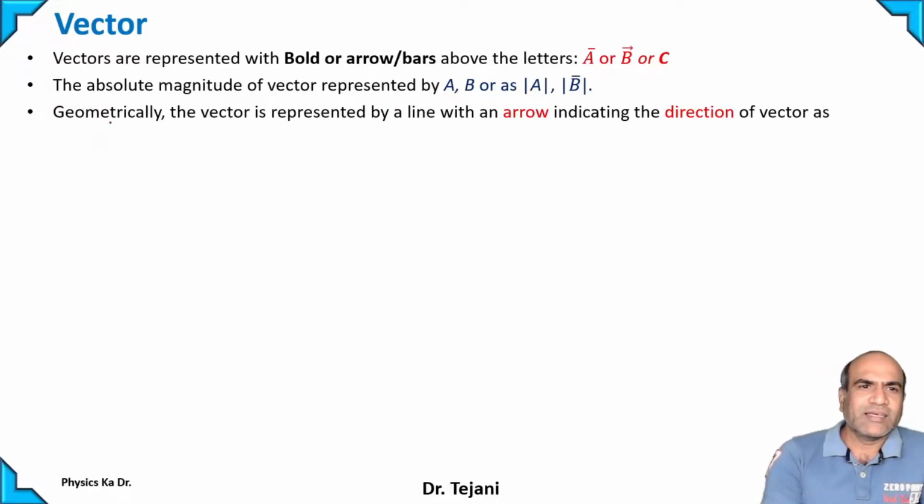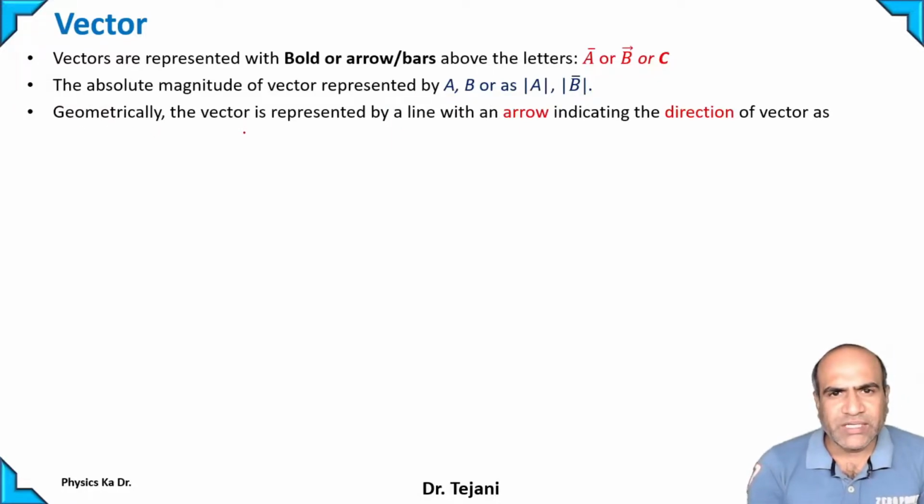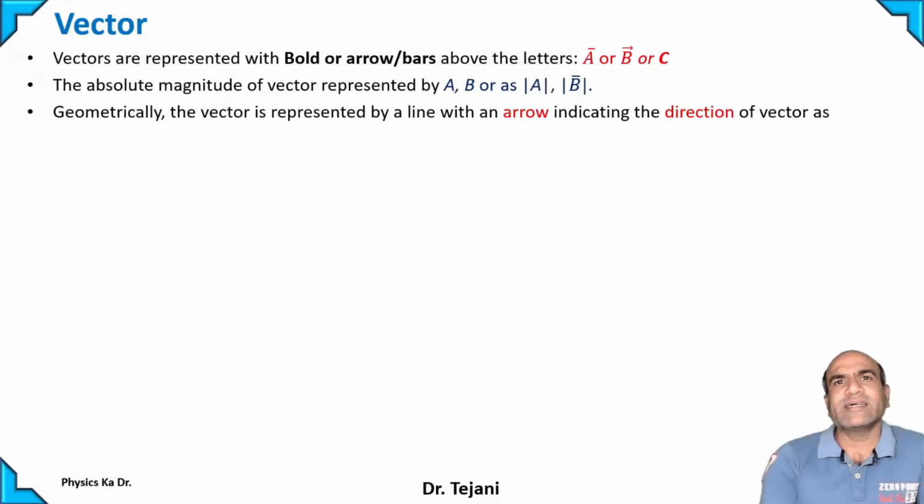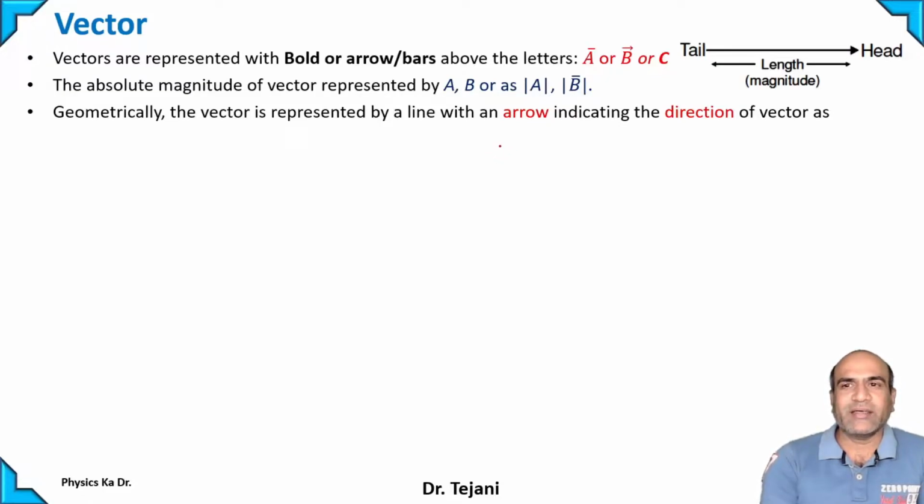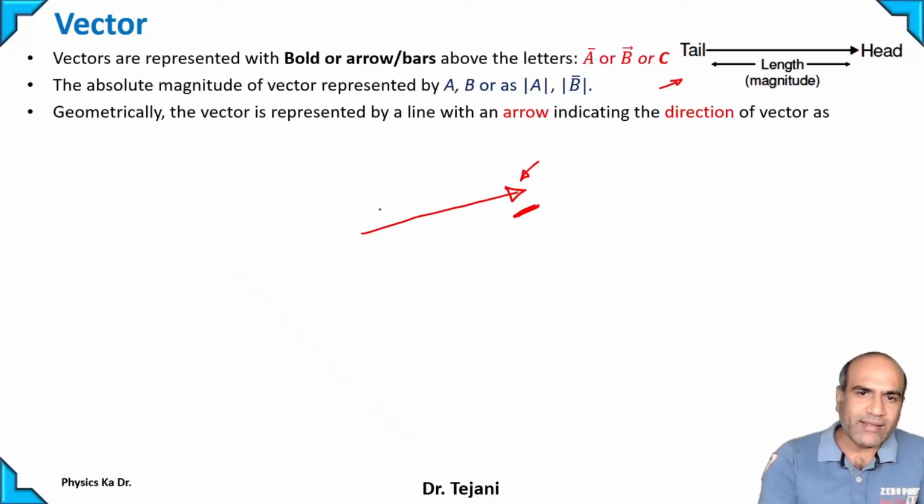Next, if you talk about it geometrically, a vector is represented by a line with an arrow. You can see here on the top portion, it is a straight line with an arrow, and that arrow indicates the direction of the vector. This arrow portion is known as the head.